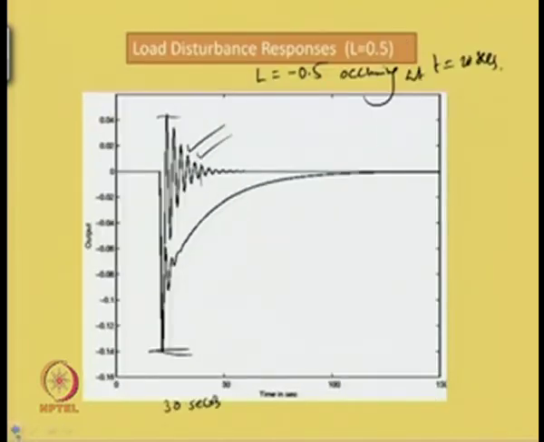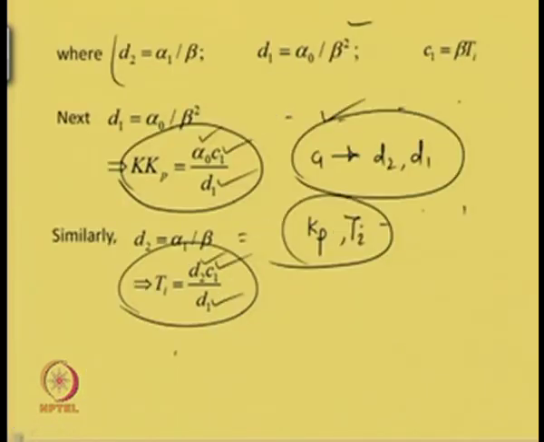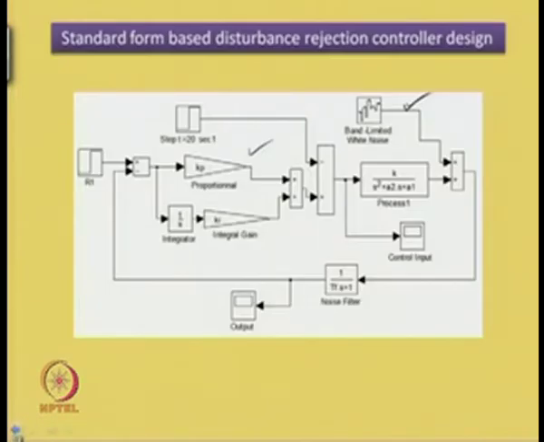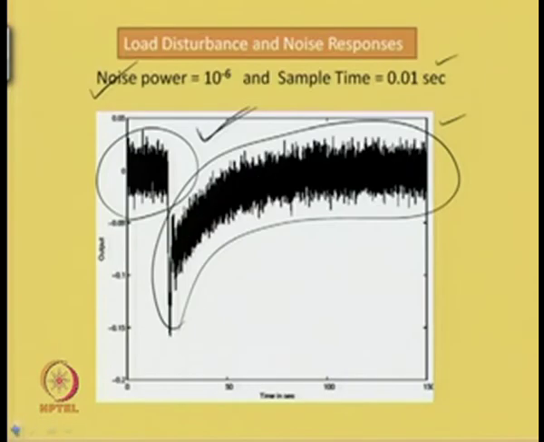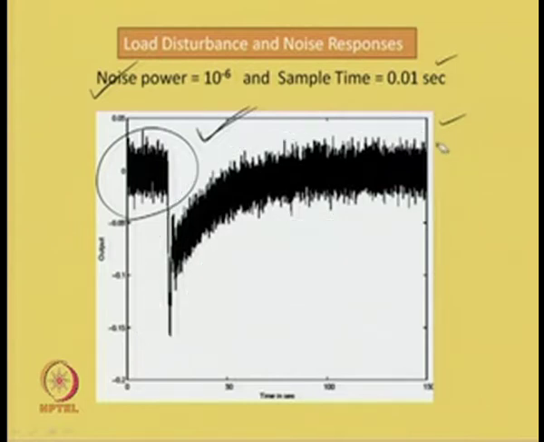Let us go back to the first case where the response of the system is shown in this form. This is what we get when we do not have a noise filter in the loop. This is the output response we get.